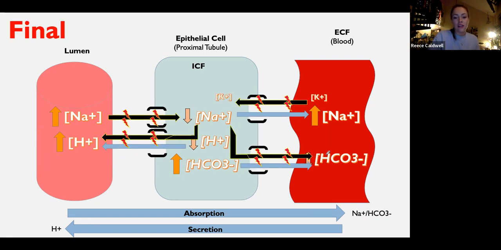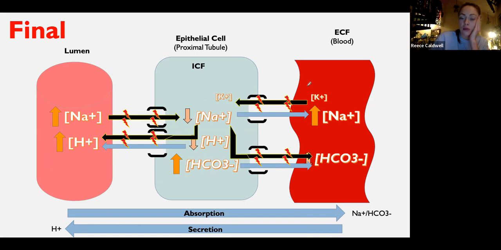All right, so here's our final cellular picture. So here we have that sodium channel, that sodium moving into the epithelial cell. Then we have that sodium potassium ATPase subunit, sodium moving into the body due to the energy given off from our potassium unit.